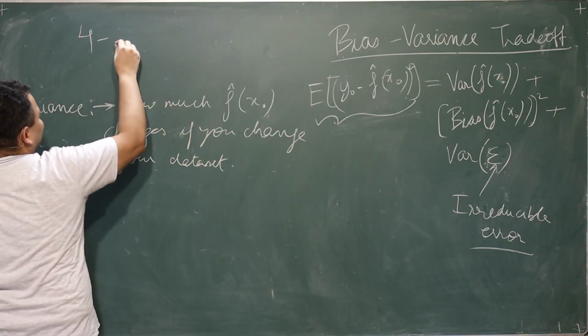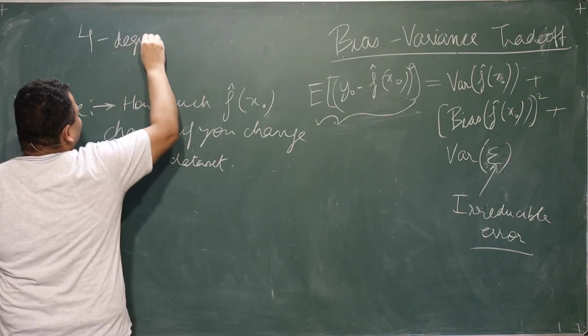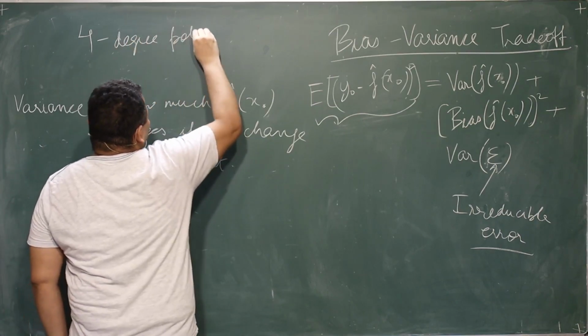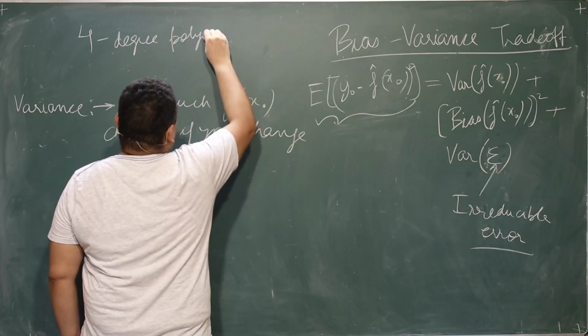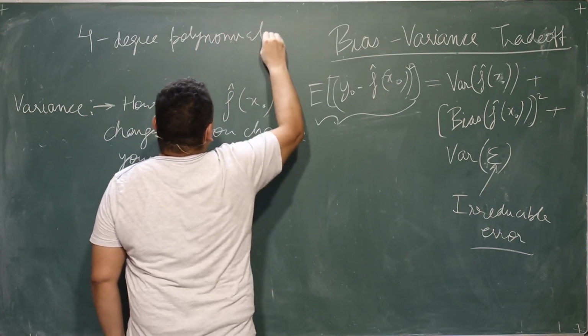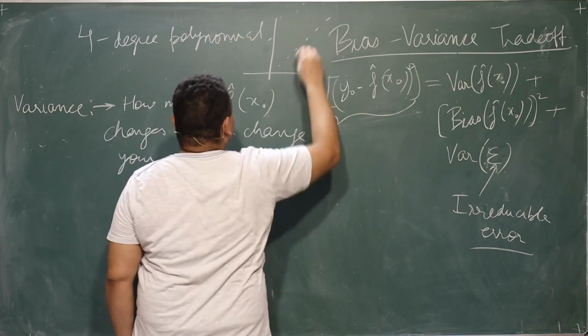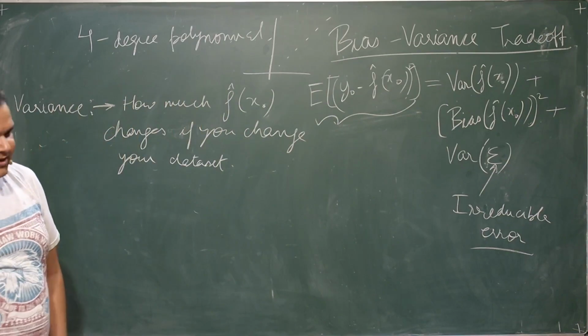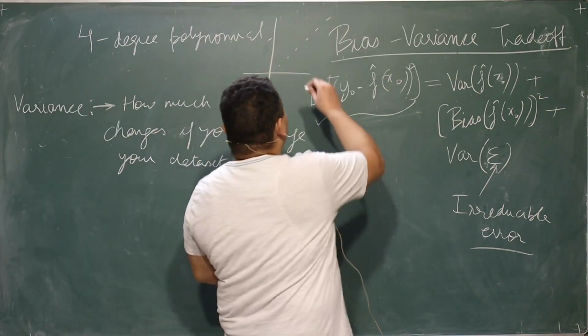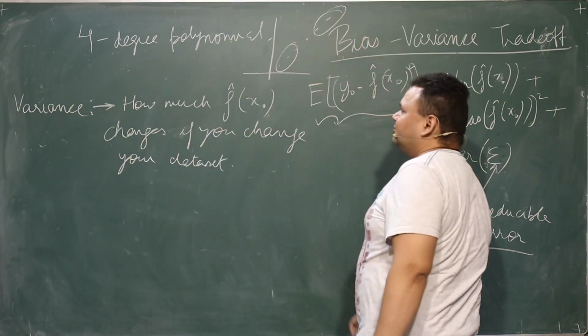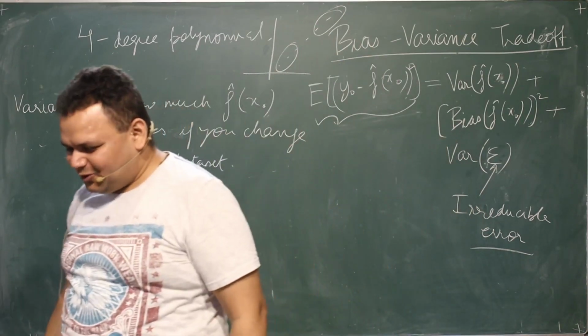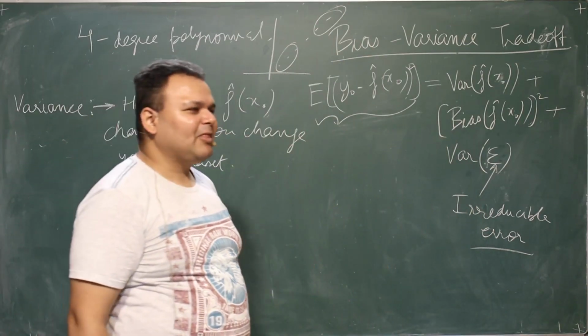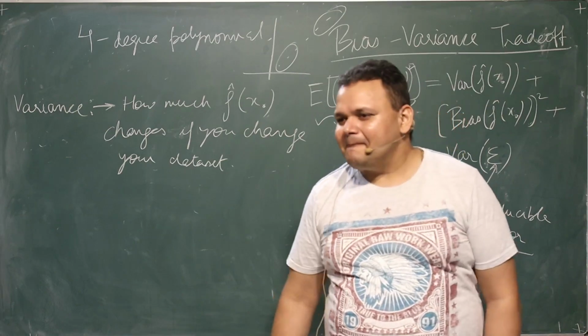We fit a 4-degree polynomial to our data set. We had a data set like this. We had 40 different points, and we fit a 4-degree polynomial to the first 5 points, and we fit that to the last 5 points. What did you observe in that case?